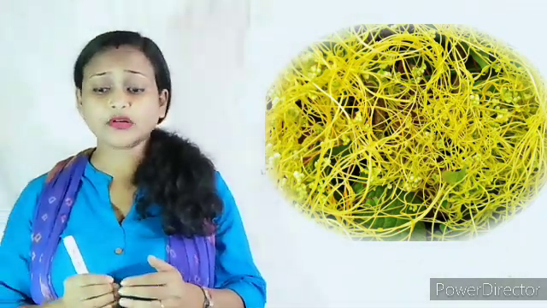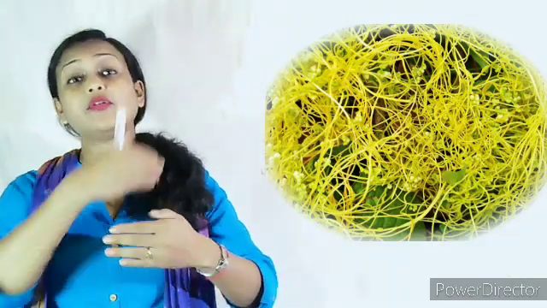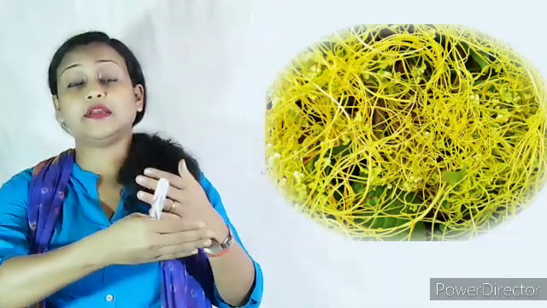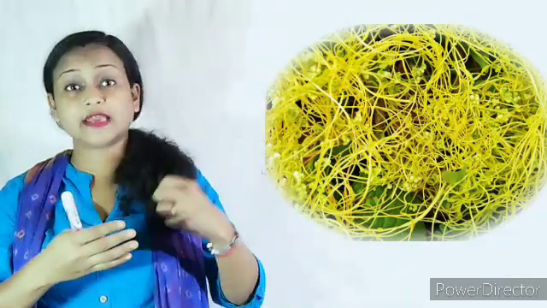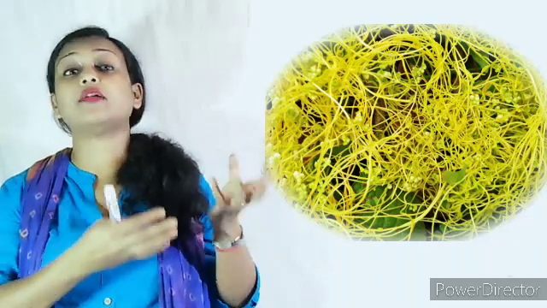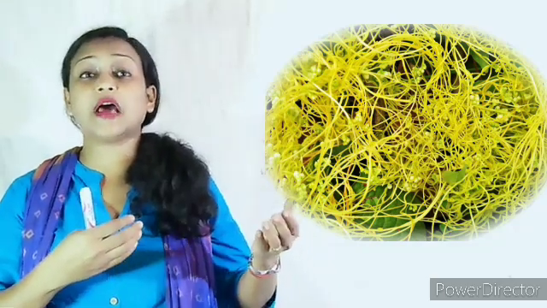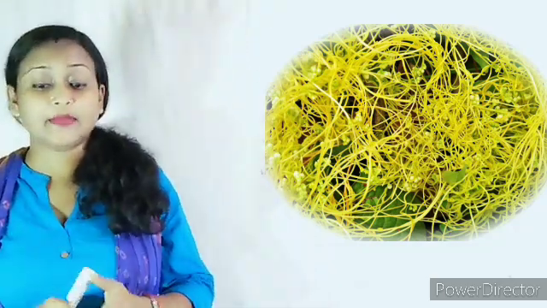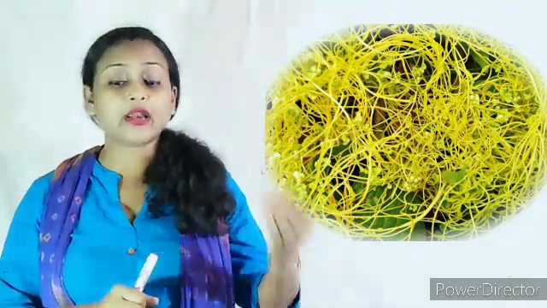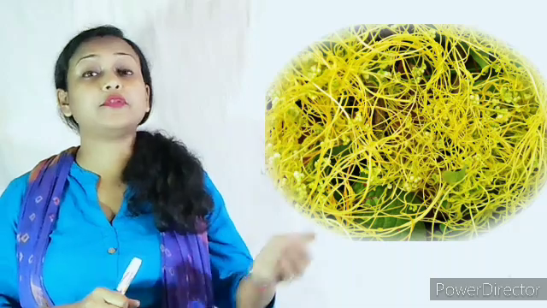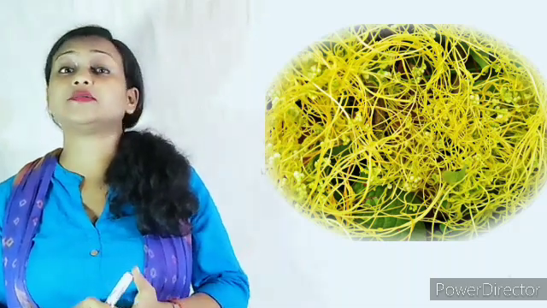So the dodder plant grows on some other plant and takes food, water and all nourishment from that plant, and as a result that plant is killed by the dodder plant. Such plants that grow on other plants for food and water are known as total parasites.